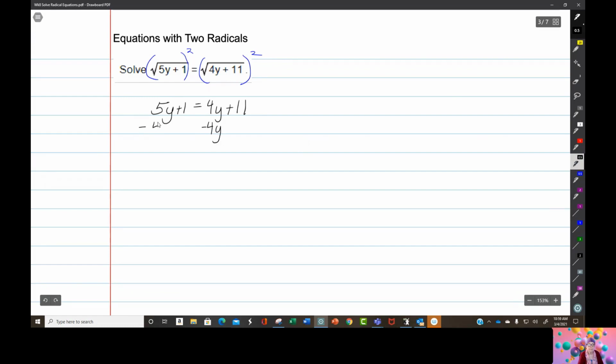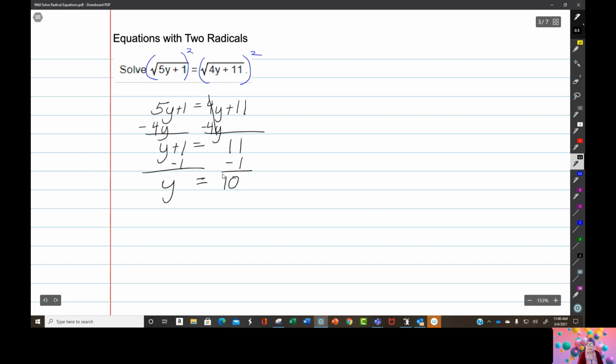Subtract 4y, subtract 4y, which will leave you with 1y, right? 5 minus 4 is 1, so y plus 1 equals 4y minus 4y is 0, so we'll have an 11 left over here. And I subtract 1 from both sides. 1 minus 1 is 0, so y equals 11 minus 1, which is 10.